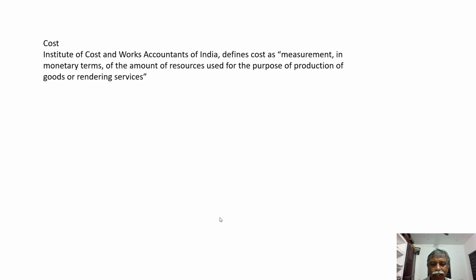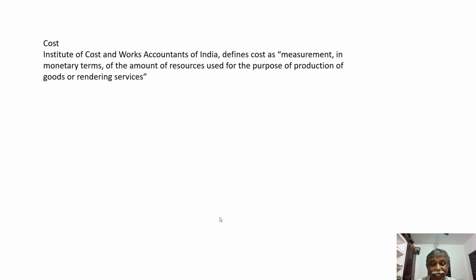Flour you want. You want water. And the table to prepare it. Clear. So all these you need to measure in terms of money, that is cost.